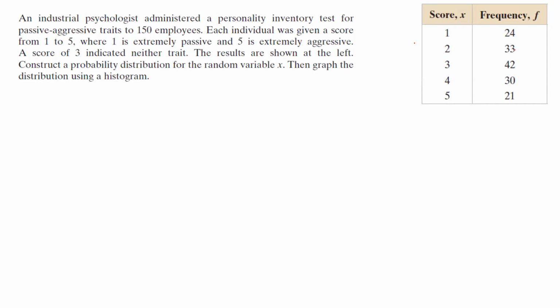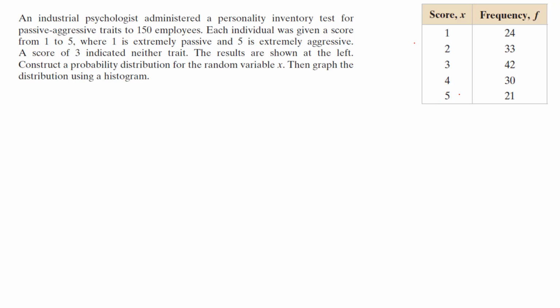Out of 150 students, 33 of them got score 2. Out of 150 students, 42 got score 3. Out of 150 students, 30 got score 4. You can think about it as a test. Out of 150 students, 21 of them got score 5.